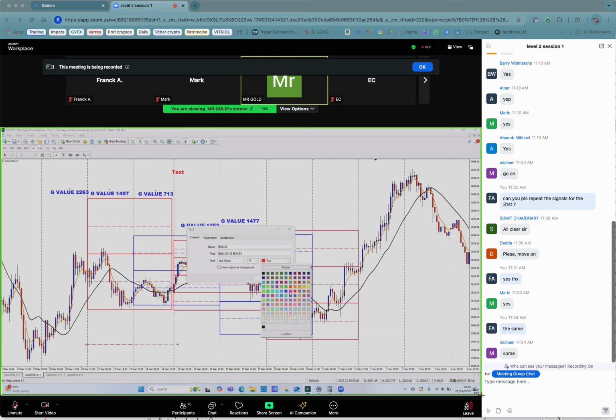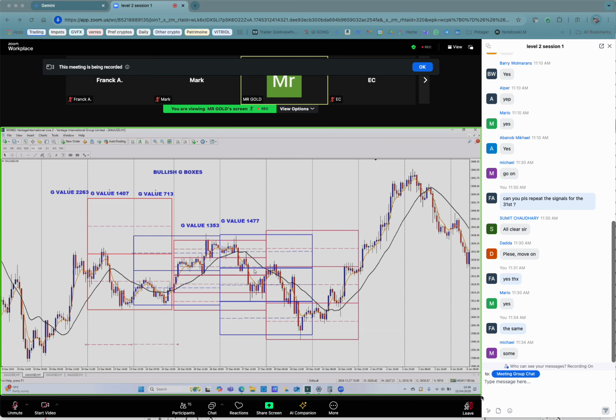And change the color. The reason why I put the title on there is this has happened before, guys, many times to me, and many times 5 years ago to my previous fund traders. If you don't put the title, sometimes accidentally you look at the wrong boxes for the wrong signals.